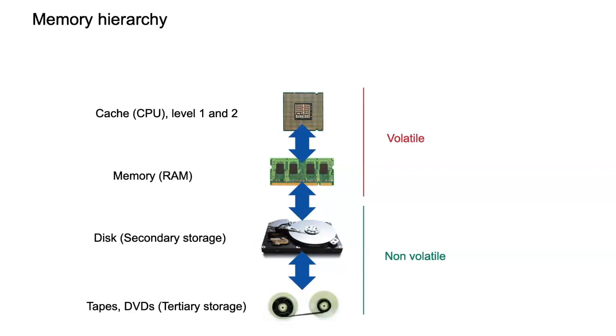Then we started looking still into optimization, but physical optimization. And we saw that in order to do these things, it's very important to understand what's happening at the physical level. We saw that you can store in the cache of the CPU, in the working memory, on disk, on tapes, and there is even an intermediate level between memory and disk that I never remember the name of.